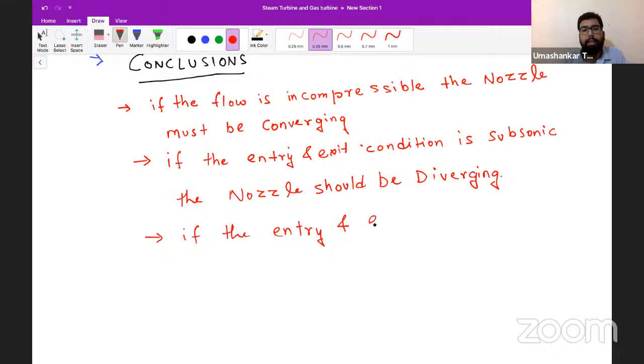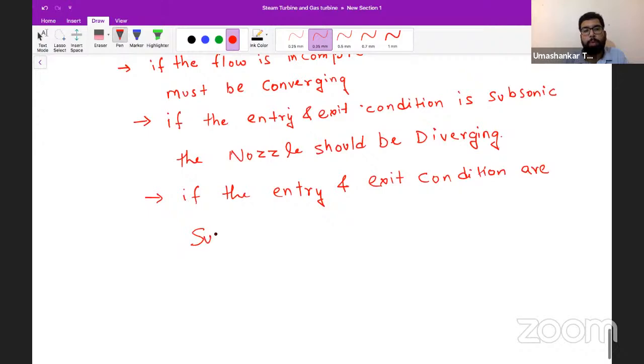Similarly, if the entry and exit condition are supersonic, the nozzle should be, oh sorry, I have made a mistake here.